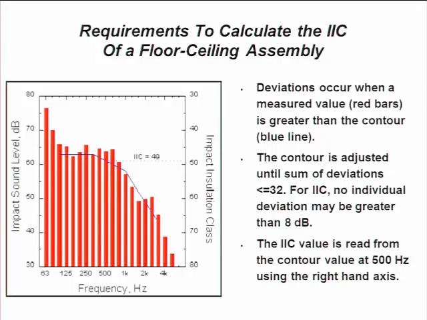Or if we reach 8 dB at one particular frequency above that line, then we stop shifting that. Wherever that contour line stops, we read across to the dB level and subtract that from 110, and that gives you your IIC value. This happens to be a 49.